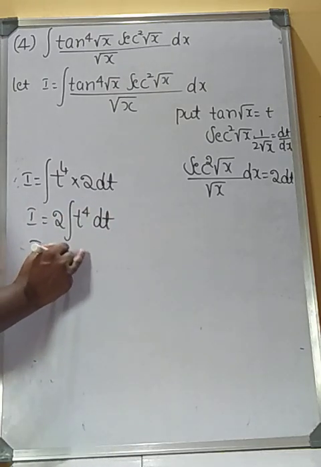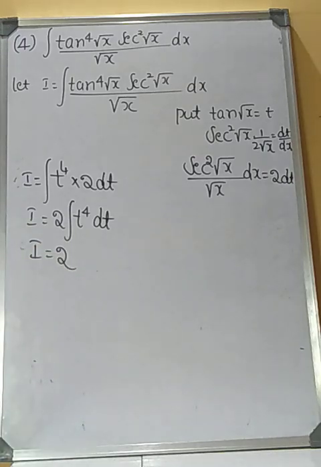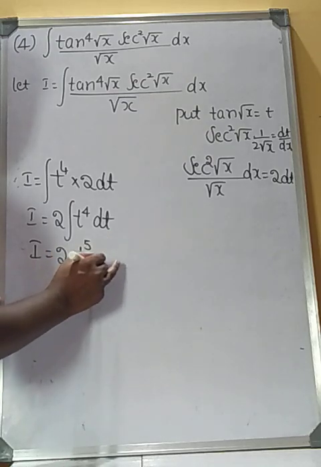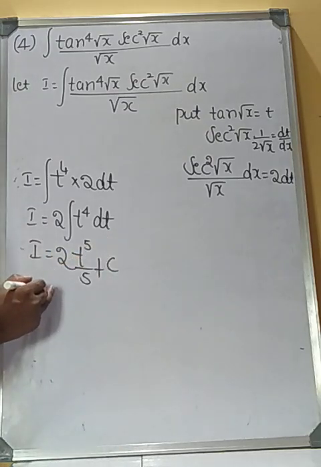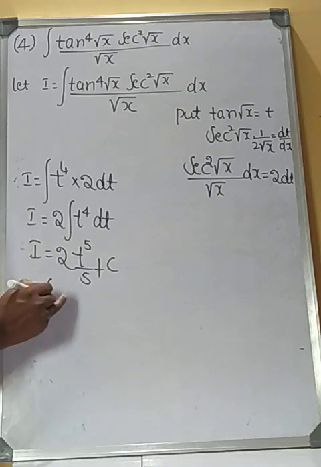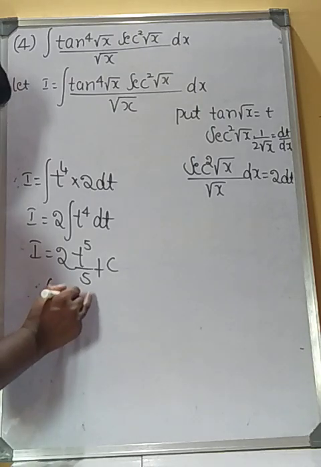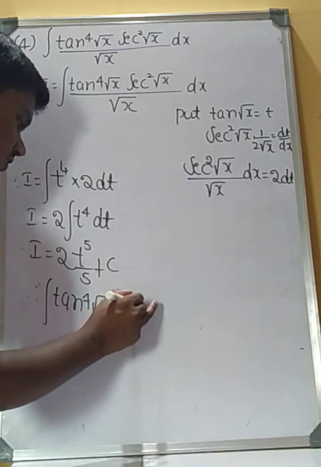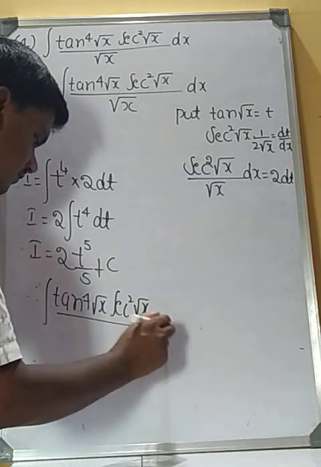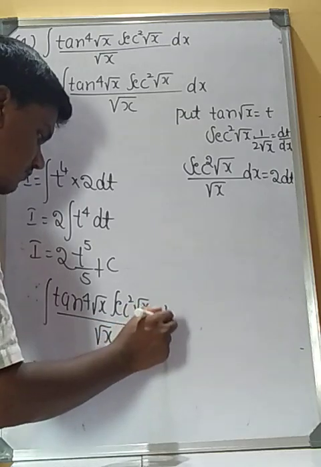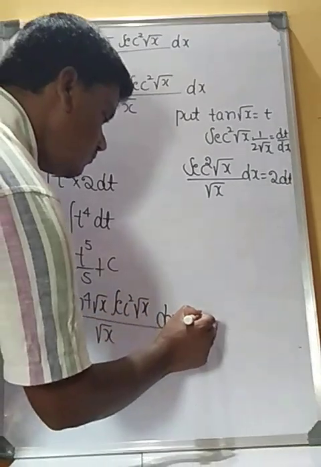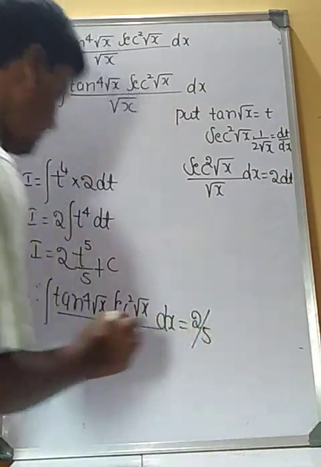Therefore I = ∫ tan^4(√x) sec²(√x)/√x dx = (2/5) t^5 + c.